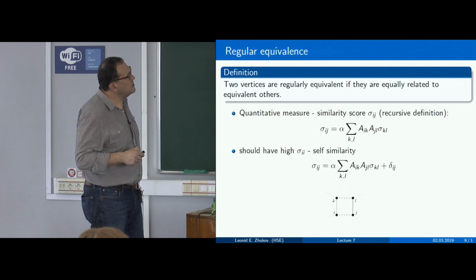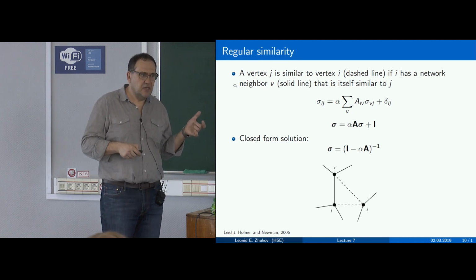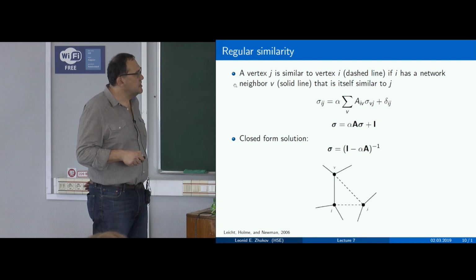Vertex j is similar to vertex i if it has a neighbor that is similar to this vertex. So i and j are similar if it has a neighbor that is similar to j. So it's a slightly different twist on the previous definition where we looked at the pairs, and here it says these two are similar if this has a neighbor that is similar to this node.